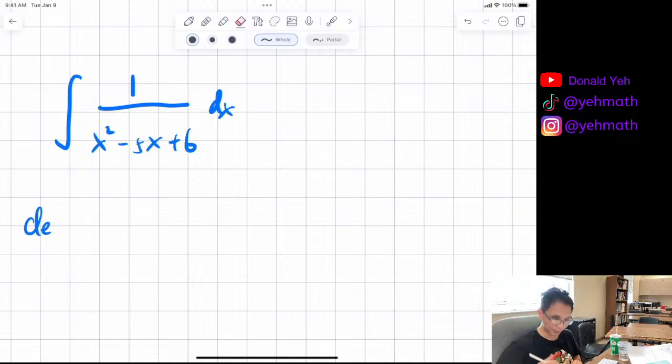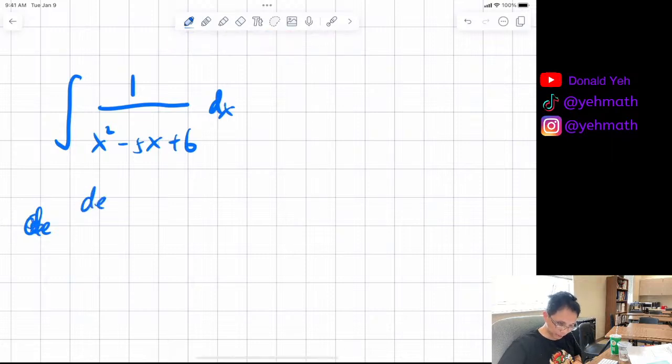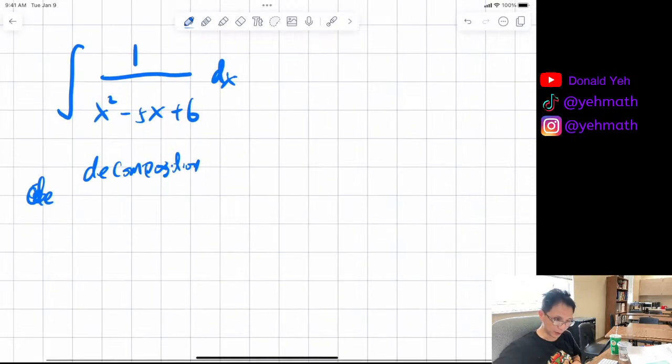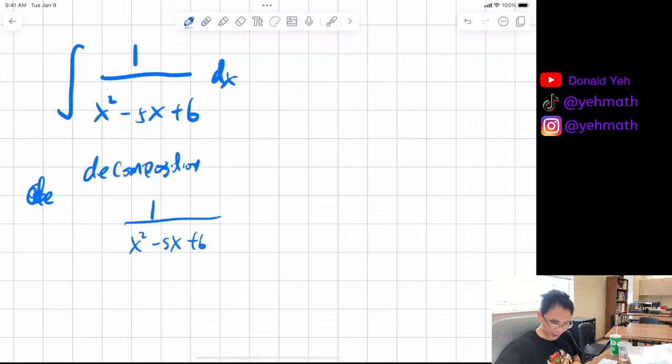Let's start with simple things. It's also known as decomposition. What I mean by decomposition: can I factor x squared minus 5x plus 6?